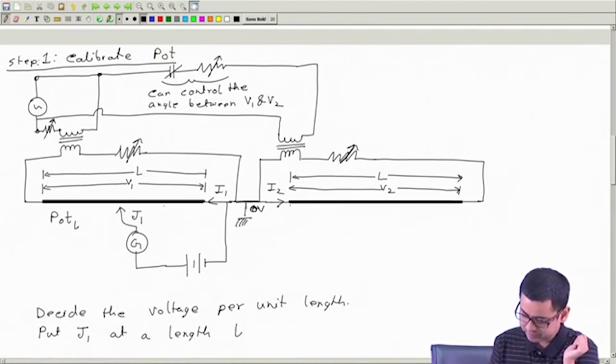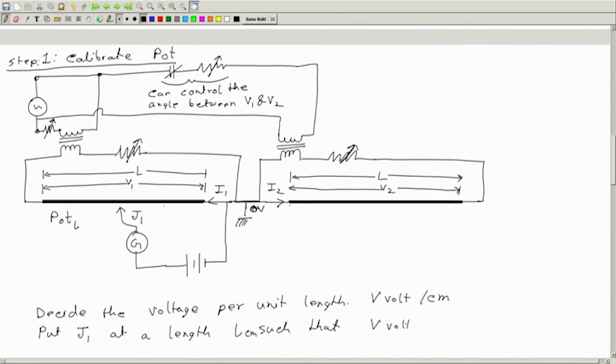Call it L, such that, if this is V volt per centimeter, then put the jockey at a length L centimeter such that V volt per centimeter multiplied by L centimeter is equal to the standard cell voltage V_STD. Put it there.